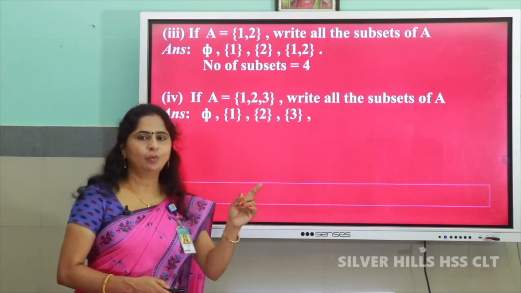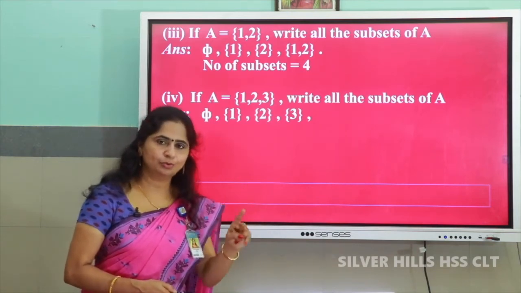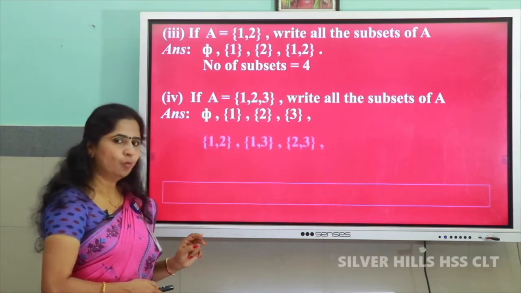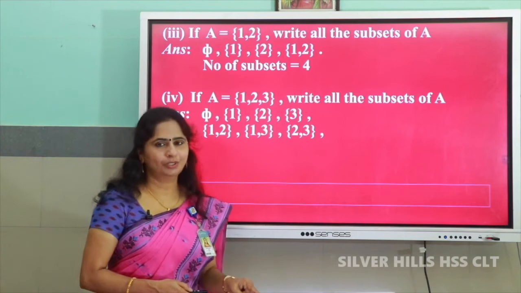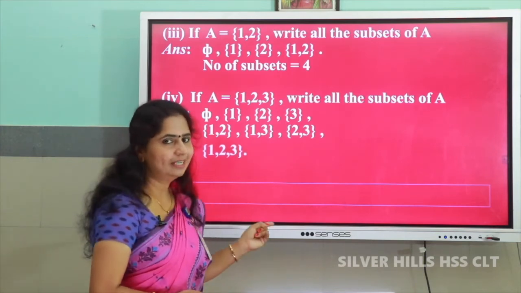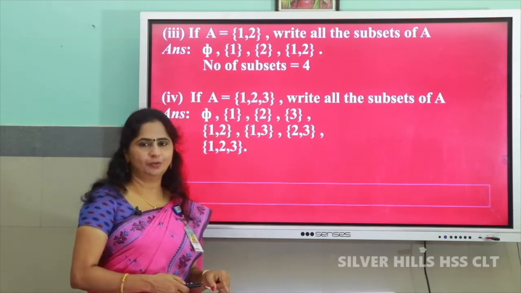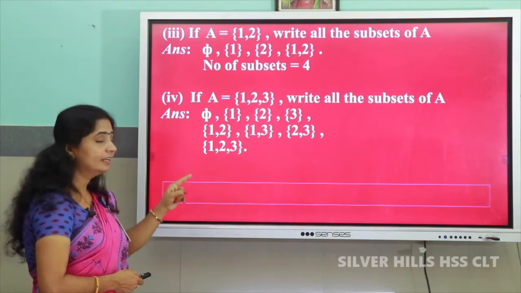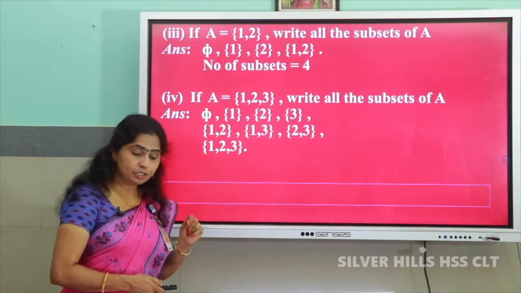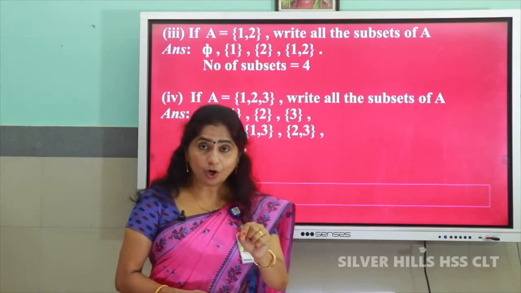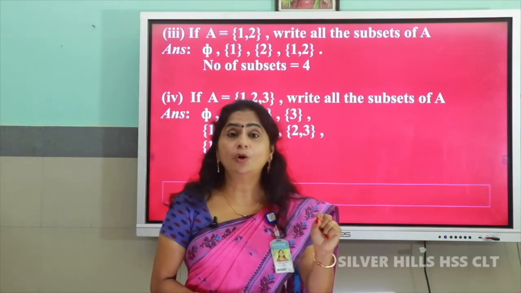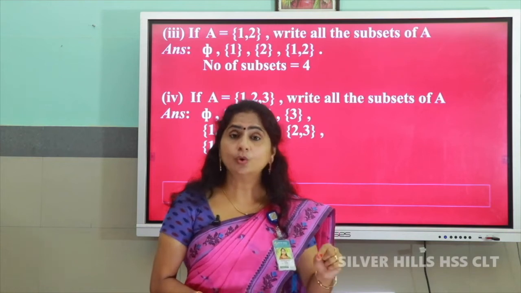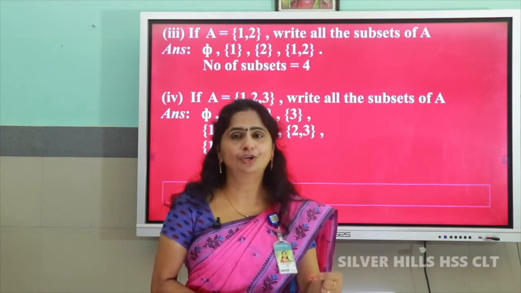So, we have taken one at a time. Now, we will take 2, 2 together: {1, 2}, {1, 3}, {2, 3}. Now, finally, the full set, {1, 2, 3}. So, how many are there? 8, which means if A has got 3 elements, the number of subsets is equal to 8, which we can write as 2 cube.